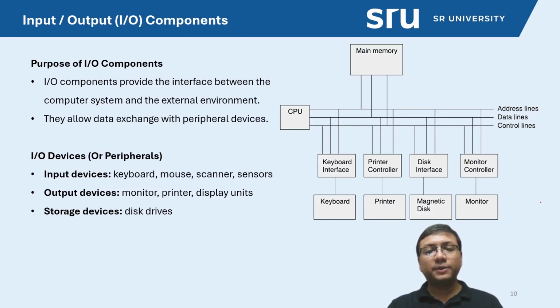So keyboard should be connected to CPU through keyboard interface. Printer should be connected to CPU through printer controller or interface. Any disk should be connected to the CPU through disk interface, and any monitor should be connected to the CPU through some monitor controller or interface.